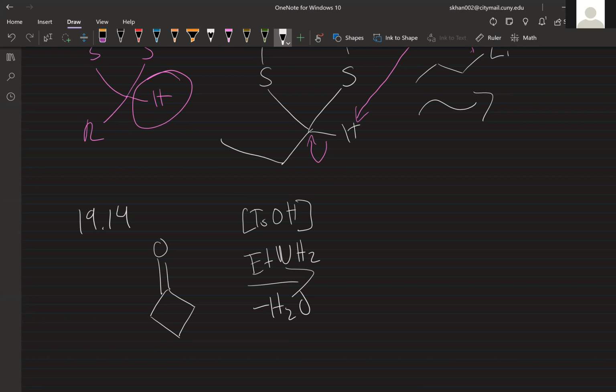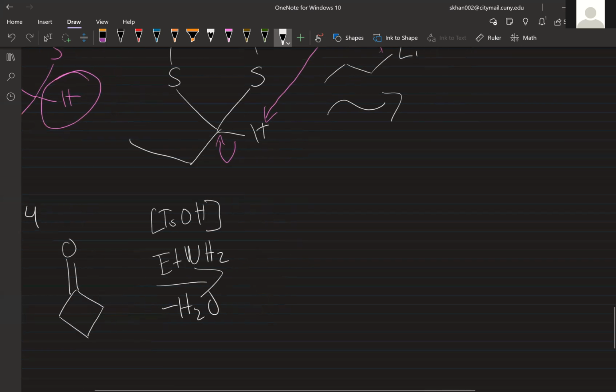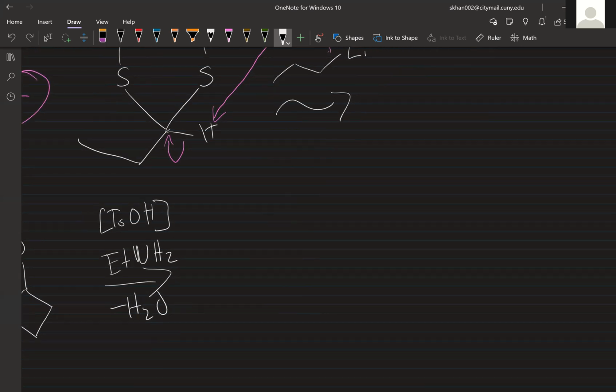Oops. Second. I just wanted to make sure to get that. I have a question about the minus H2O. Does it make a difference in how the mechanism is going to look, or is it basically just H2O? No, it just indicates that you're removing H2O to push it forward.